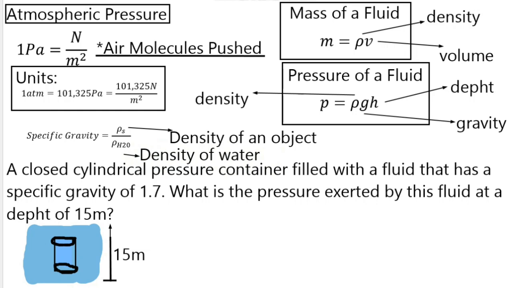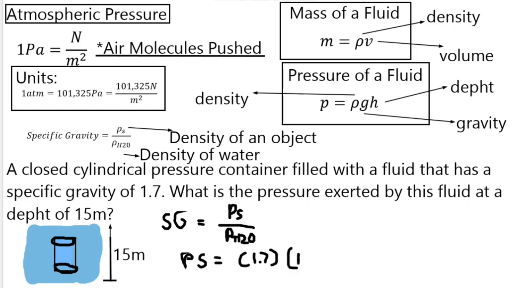Let's abbreviate this: SG equals rho sub S divided by rho sub H2O. We're going to solve for the density of the object because we do not know the density of the fluid in the container. So that is going to be 1700.